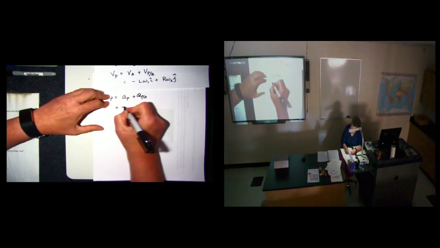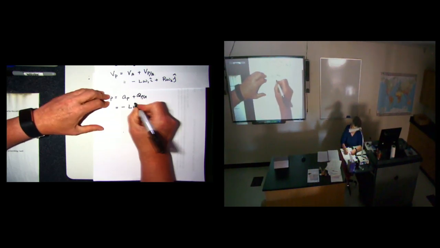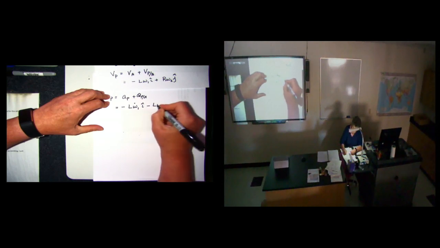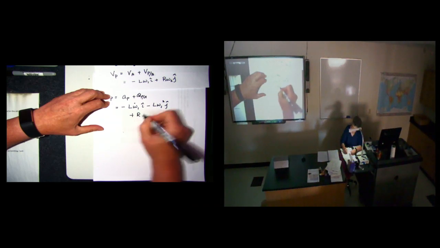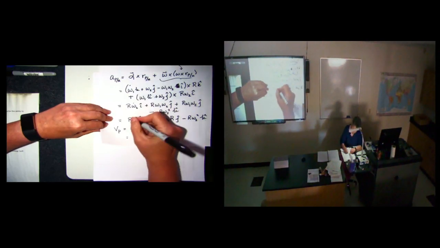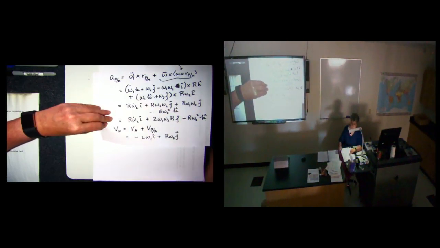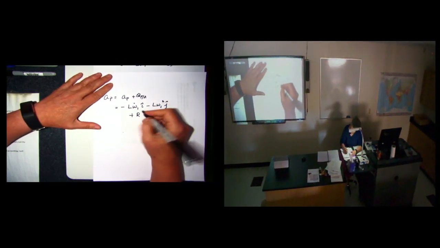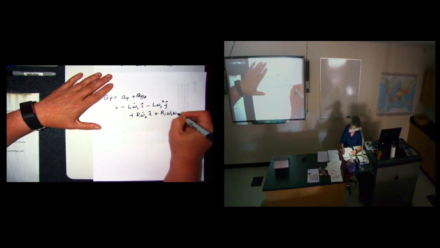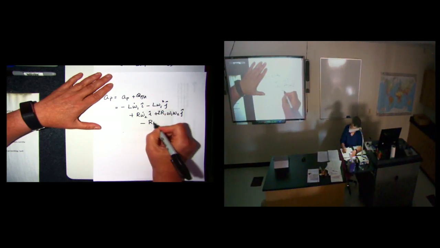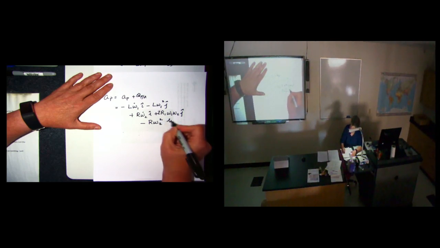And this gives me minus L omega 1 dot I minus L omega 1 squared J plus R. I left out a dot when I wrote it there. R omega 2 dot I plus R omega 1 omega 2, I've got two of those, in the J minus R omega 2 squared K.